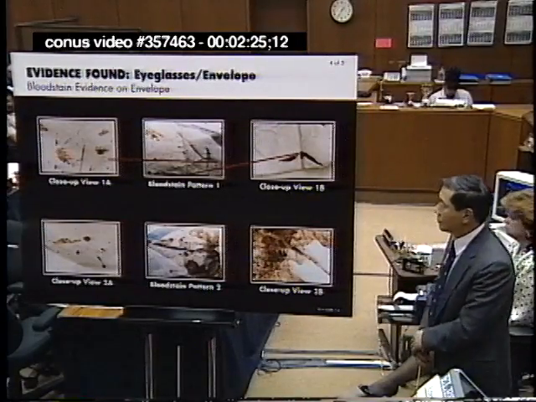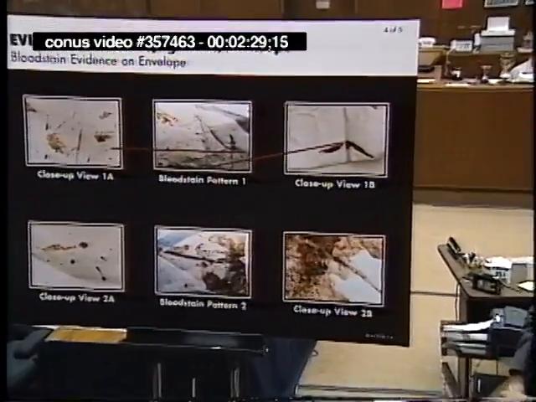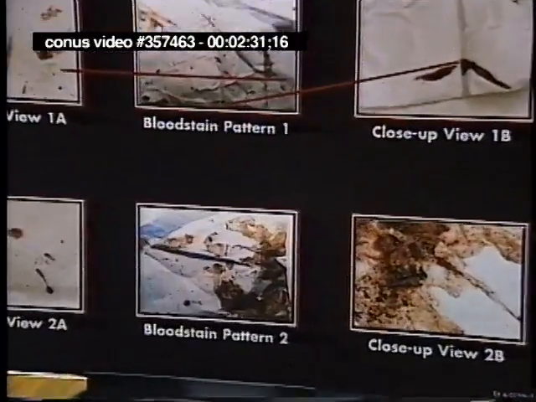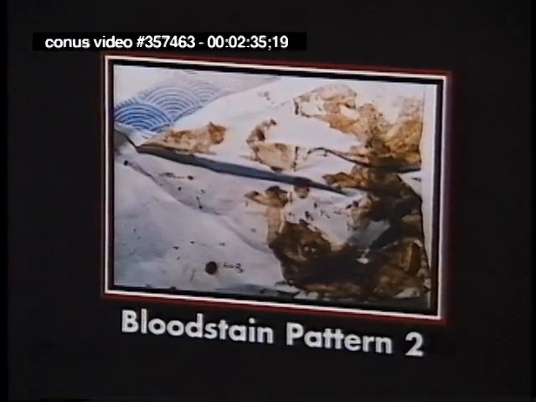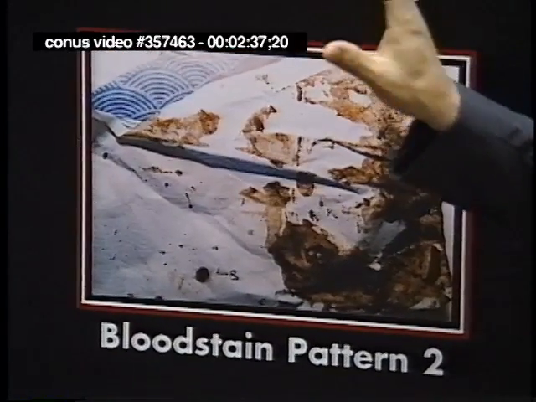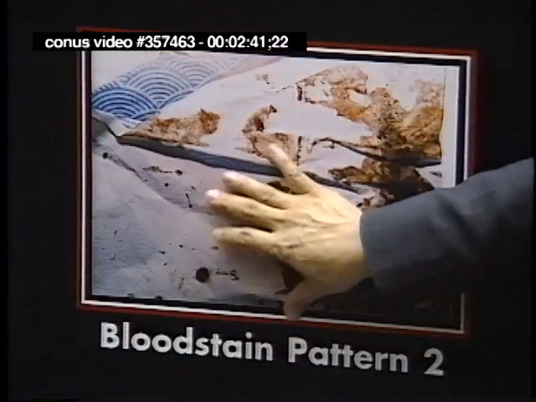All right, could you please move to bloodstain pattern number 2? Bloodstain pattern number 2 depicts the envelope upper, if I face the envelope, upper right corner of this envelope.